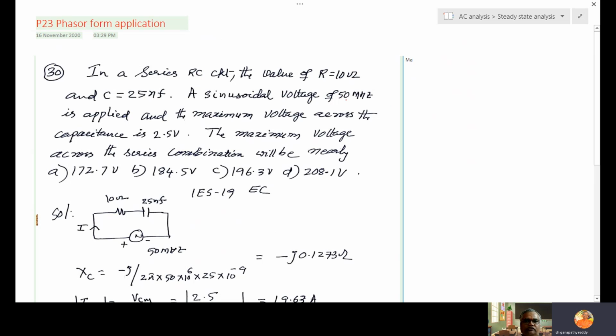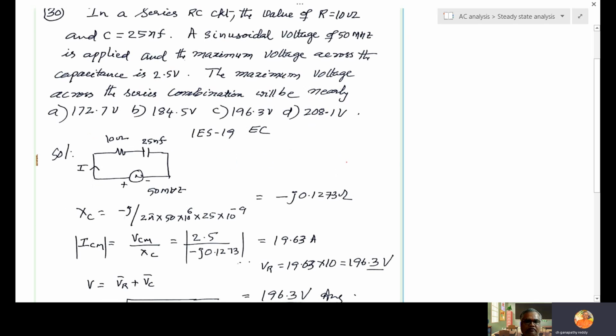A sinusoidal voltage of 50 megahertz is applied, and the maximum voltage across the capacitance is 2.5 volts. The maximum voltage across the series combination will be nearby.